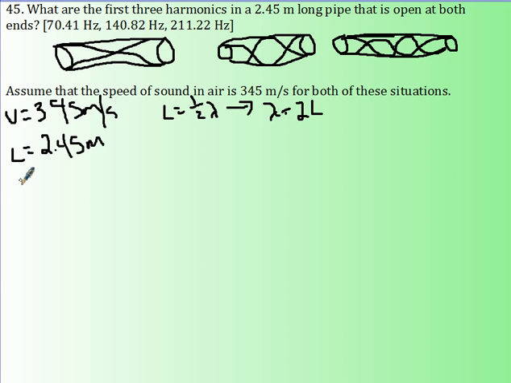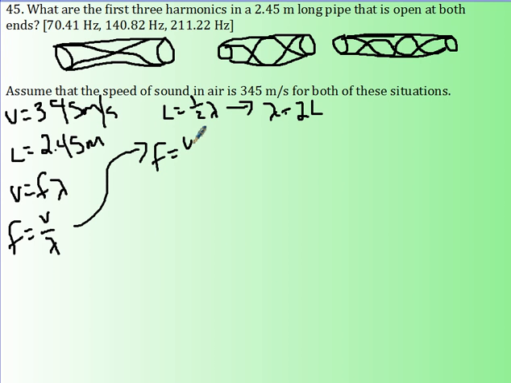So, V is F lambda, so F is V over lambda. So for the first one, F is V over 2L, which is 345 divided by 2 times 2.45.